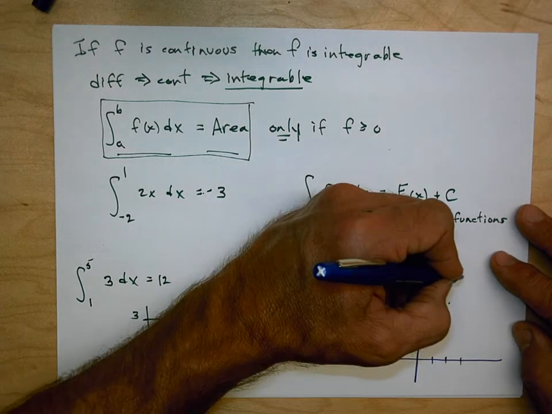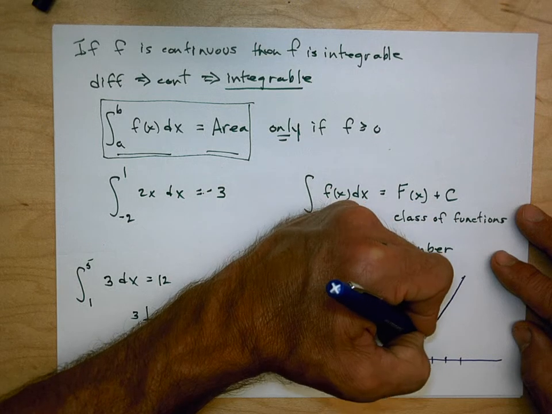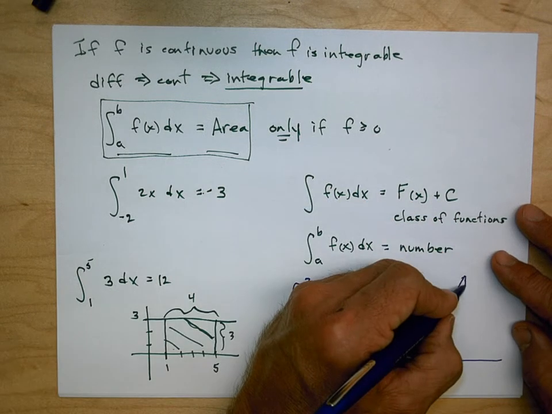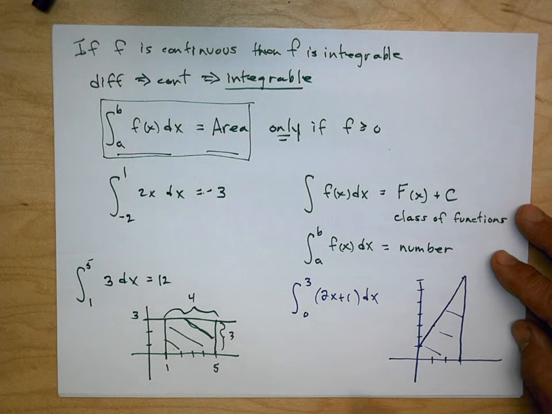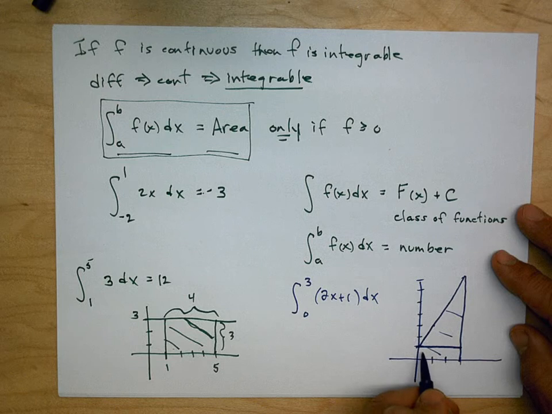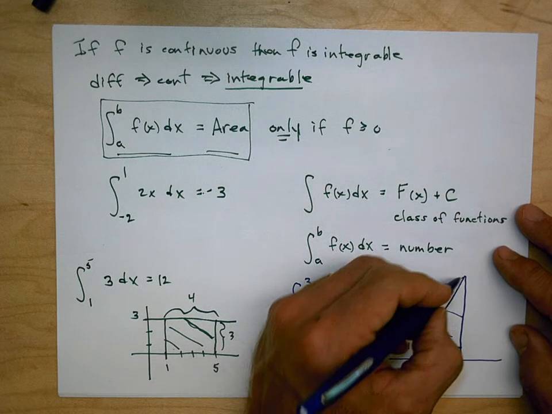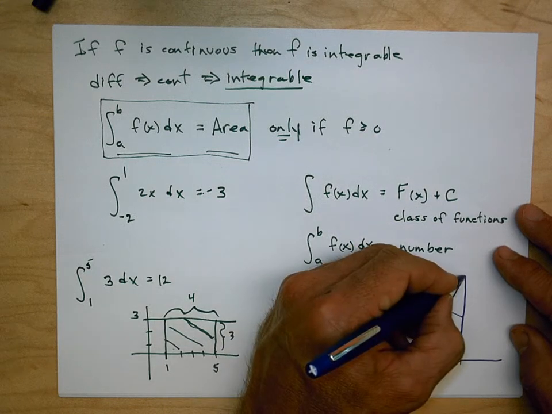So this is basically what my function looks like, and I'm looking for this area in here. Well, this isn't too hard. From 0 to 3, I have a rectangle of height 1. So this part right here is just going to equal 3. And now I have a triangle which is half of this rectangle here.